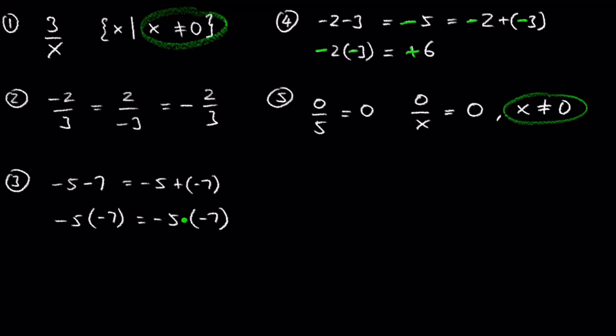Sixth, any number other than 0 divided by itself is 1. For example, 7 over 7 is equal to 1. Negative 3 over negative 3 is equal to 1. X over x is equal to 1.